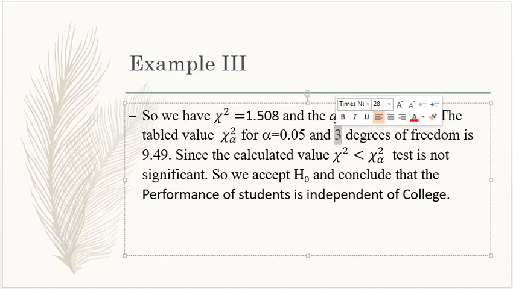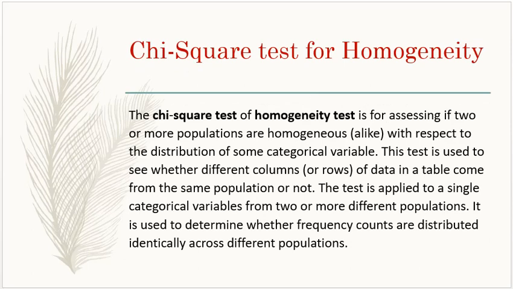And what we got is 1.508, which is less than 9.49. So we accept H naught and conclude that the performance of students is independent of the college. So that does not depend on the college.